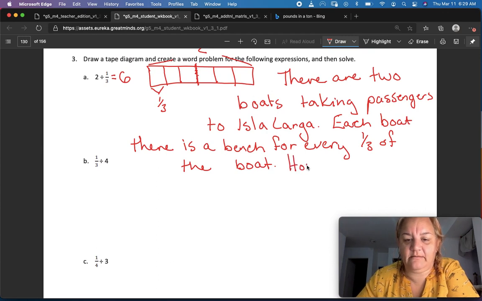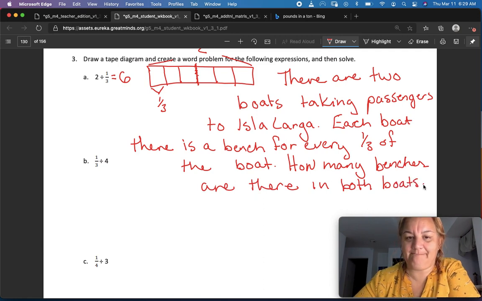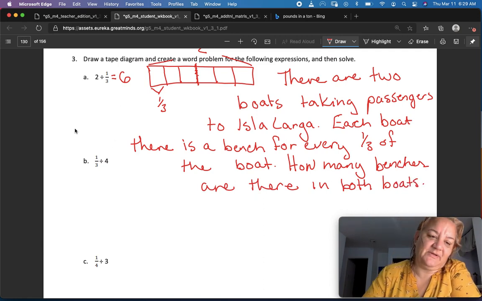How many benches are there in both boats? Okay, so you know what I'm talking about. When you go in the lancha, right?